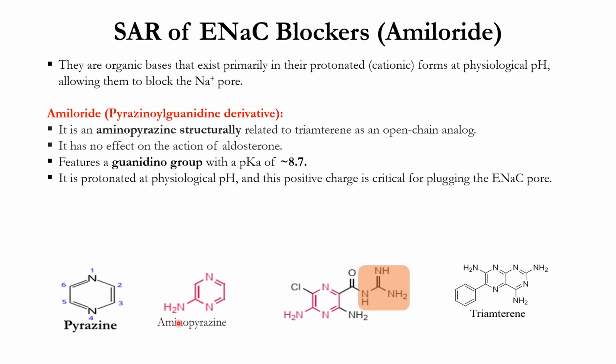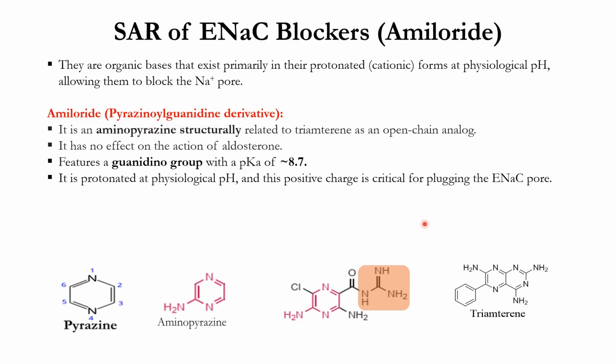aminopyrazine structure related molecule. Structurally they are similar to triamterene because both of them are derived from aminopyrazine. If we see the structure of triamterene, it also contains the aminopyrazine ring system.